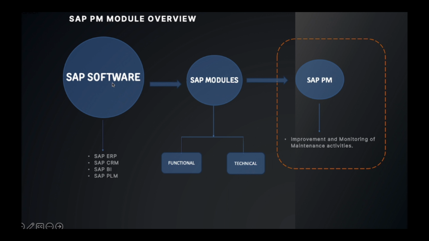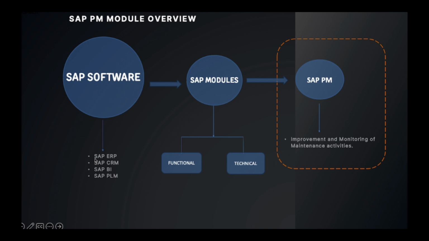The software SAP uses vary between SAP ERP, SAP CRM, SAP BI, and SAP PLM. ERP is a short term for Enterprise Resource Planning. CRM is a short term for Customer Relationship Management and Business Intelligence. All of these are softwares that SAP has developed and uses.